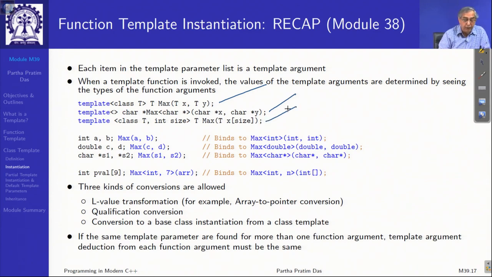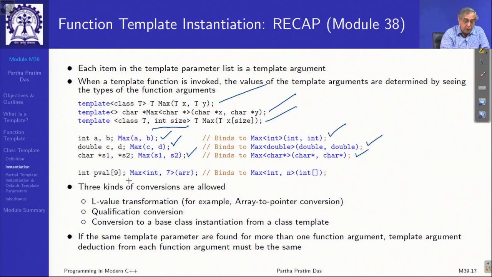And then we have one which takes an array and the size of the array, which is a special type of template parameter, which is not a type, but an integral value which you can also specify for a template. We have seen all these. So, with that, max a b for integer will generate this function, max c d for double will generate an overloaded max function, max s1 s2 for char star will use the specialized template function that I have defined.